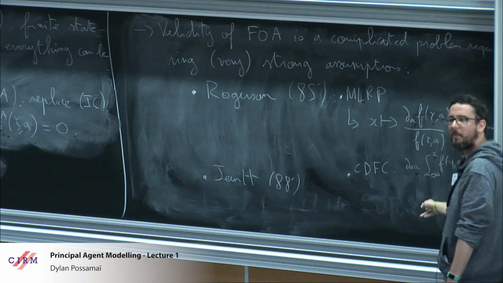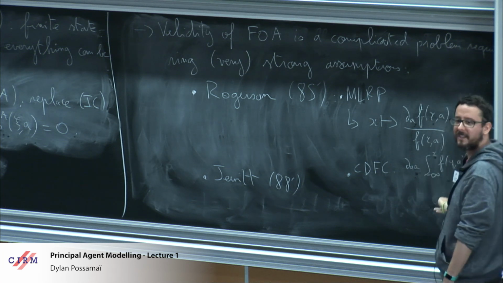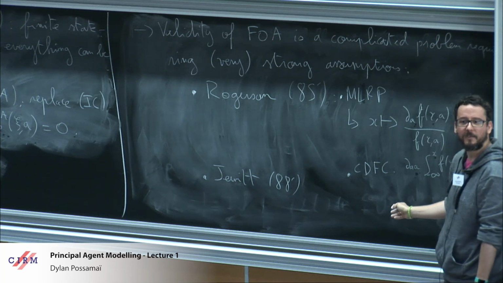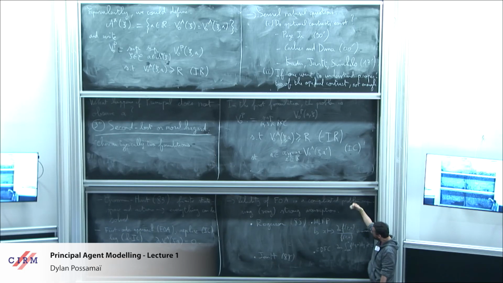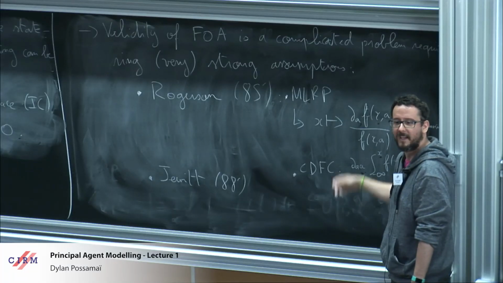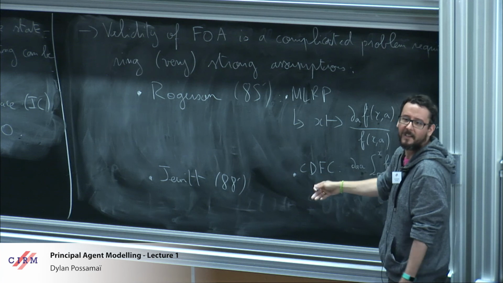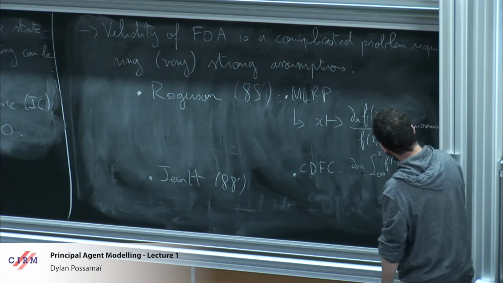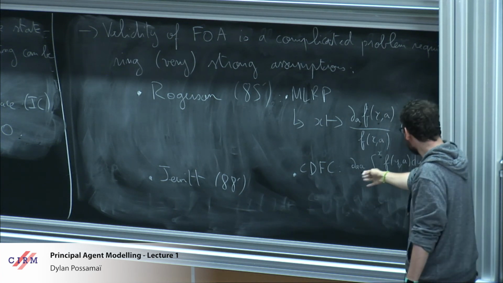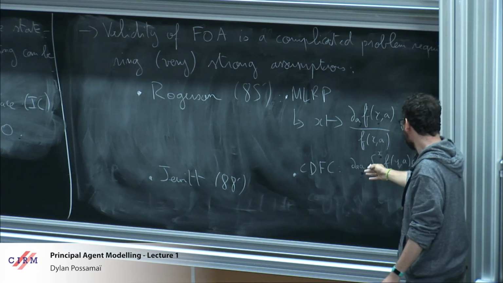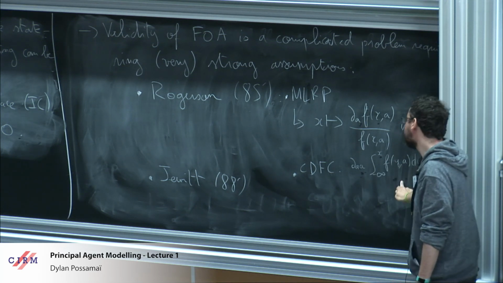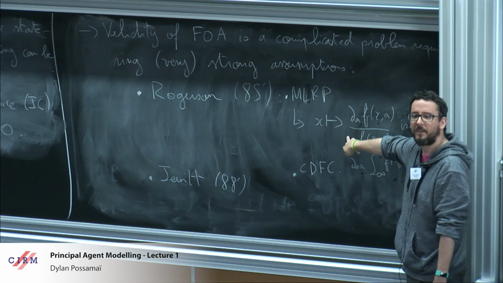So you get a double integral, and that double integral should be the one that's convex. And you can actually keep going. This here is related to first-order stochastic dominance, as I mentioned. When you take the double integral, that's related to second-order stochastic dominance. And if you keep adding integrals, you get higher-order stochastic dominance. So it's asking for less and less about convexity, but what you're paying is what's going on here.